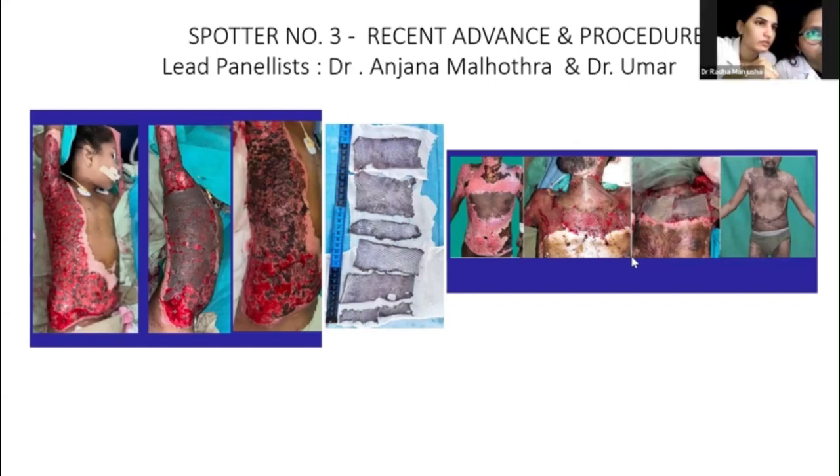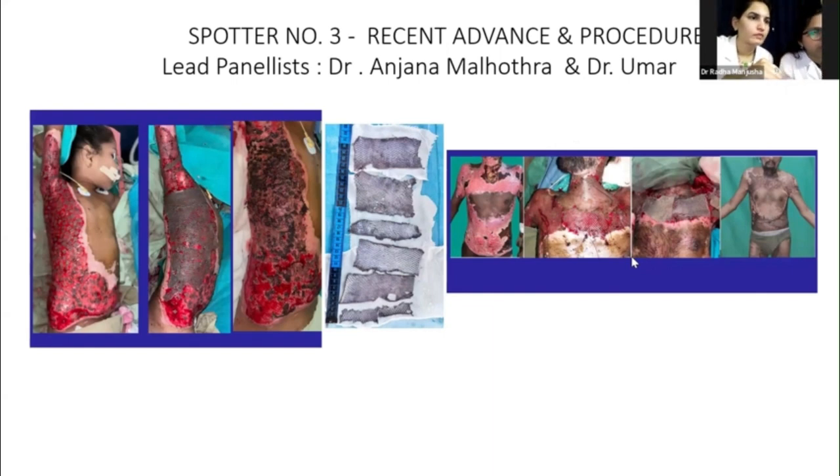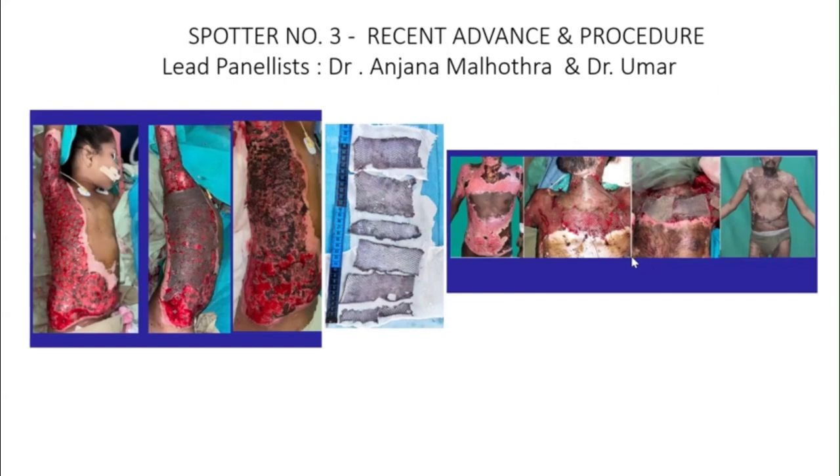Stamp meshing. What are you seeing in this slide? Sir, the first picture shows stamp grafts spread over a raw area, and the second one shows meshed sheet grafts. So what do you think has been done?